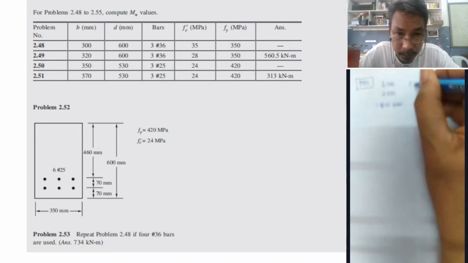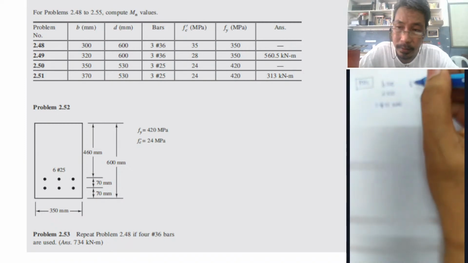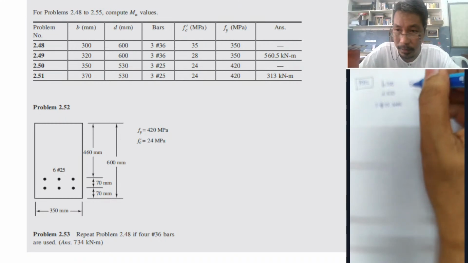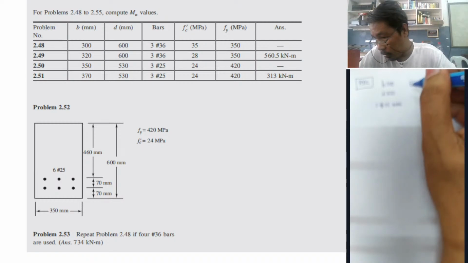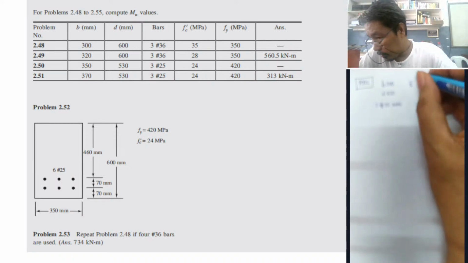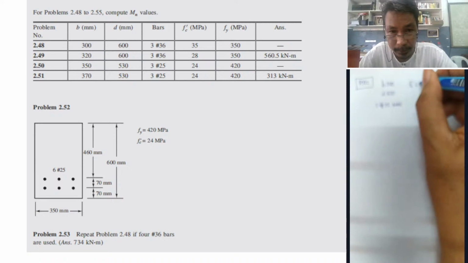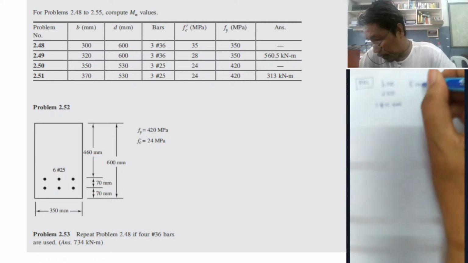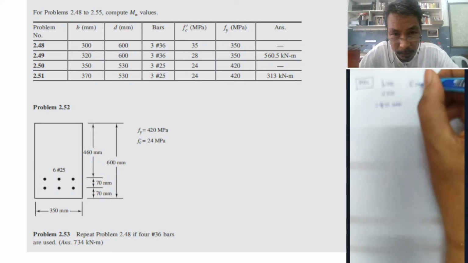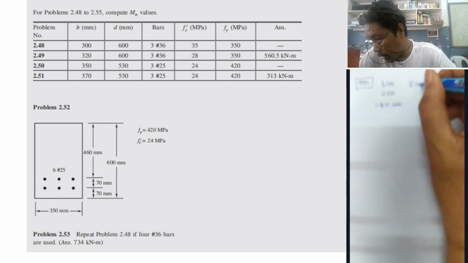Take note again, these values are usually used values. This is not hypothetical. You can encounter this in actual. So FC prime 35, FC prime 24. These are usual values. FY 350, FY 420, those are usual values.